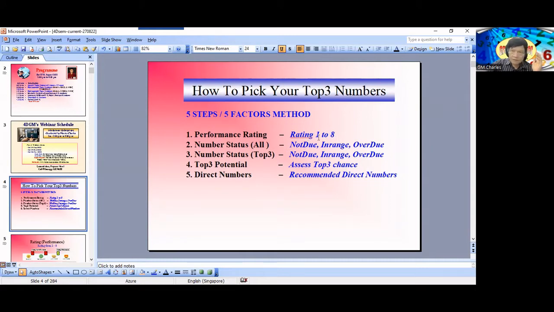As you know, this rating I've explained before. So most of you here today are already familiar with this. Anyway, I will just go through very quickly and see whether you got, just to refresh your memory.